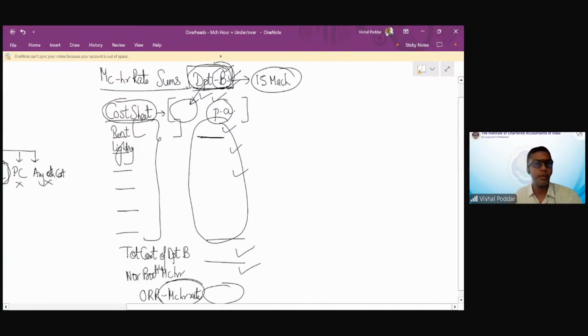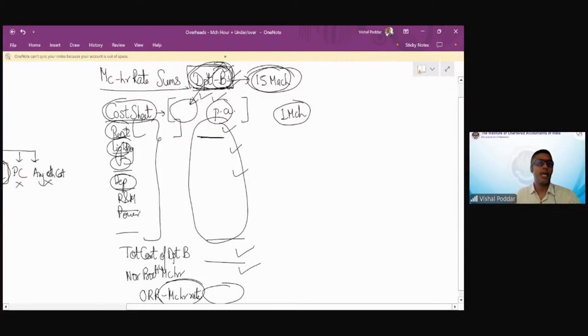So since this is a machine department, the entire working is using machines. Now this department may have 15 machines. Again, some of these costs which are given in the data may be for the entire department B, or some of the costs like depreciation, repairs and maintenance, power, these may be for one machine. So some data may be for the whole department, that is for 15 machines combined. Some data may be for one machine.